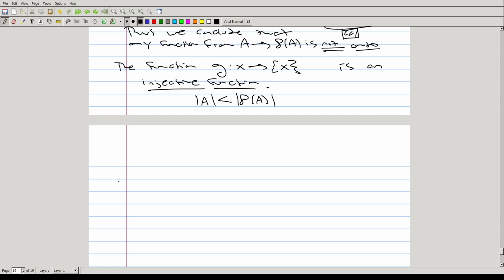Now, the book proves this for finite sets, but the idea behind the proof in general is that the power set of A is set theoretically isomorphic to the function set 2 to the A. From this we have that the cardinality of the power set of A is 2 to the cardinality of A.